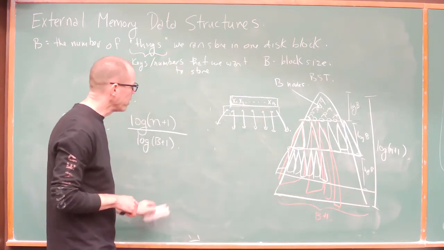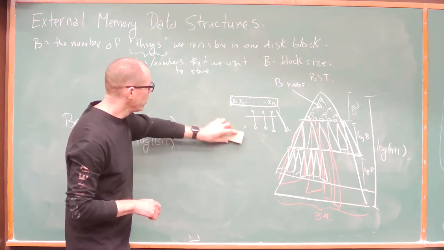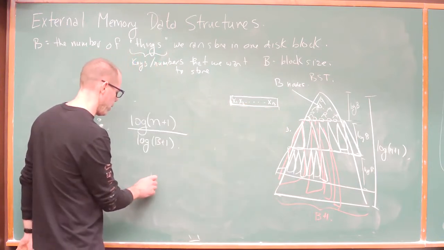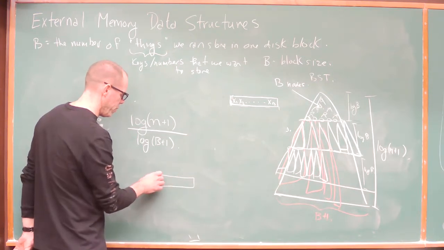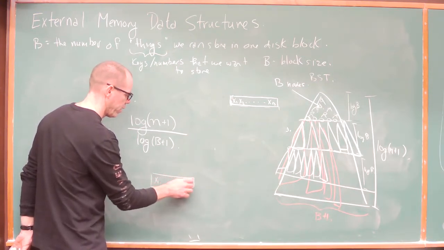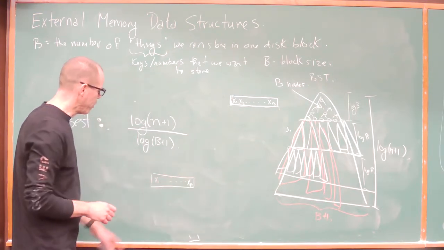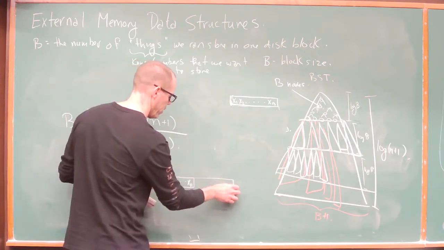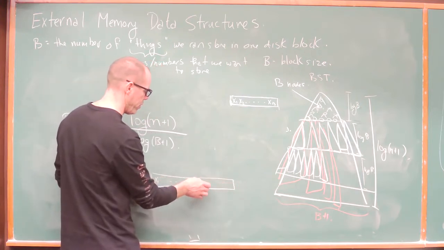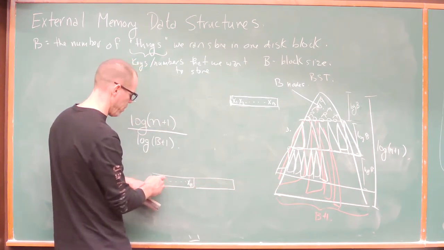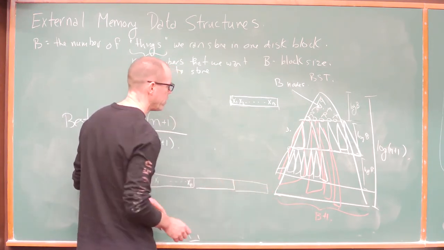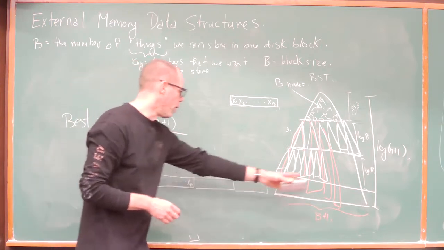What I said here about keeping an array of pointers, you don't actually need, because you use this convention that the first B of these things are in a block. And if you happen to be smaller than all of them, then the next block you should look in is the block that comes immediately after this one. If you happen to be larger than x1, but smaller than the rest, then you should look in here. So those pointers are implicit, and so on.